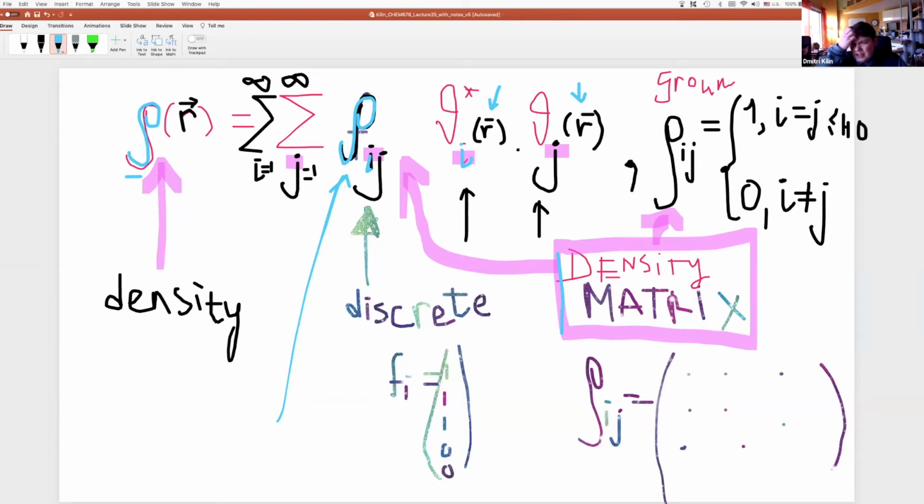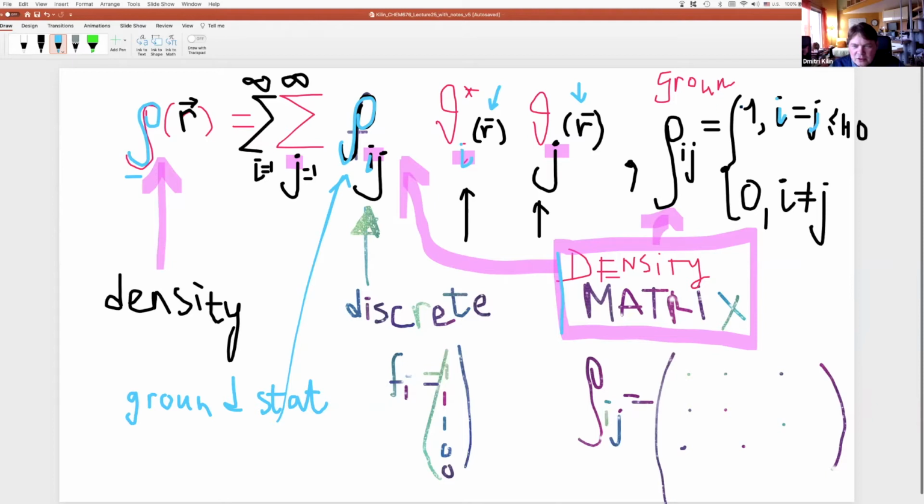And we can agree that this universal formula should work for the ground state as well. For the ground state, we need to take into account only such pairs of orbitals where i equals j.